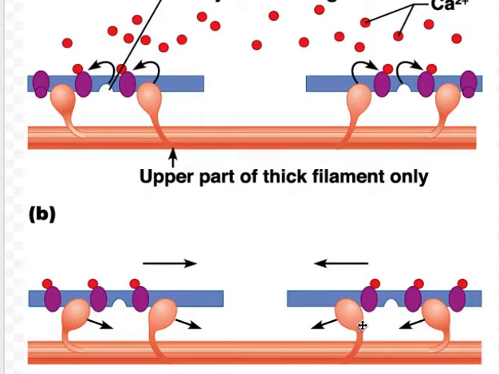All right, and so when the contraction happens, all of these myosin heads, and we're just showing 4 here, there's going to be a gazillion of them in one filament, and a gazillion filaments in one cell, and a gazillion cells making up one muscle.